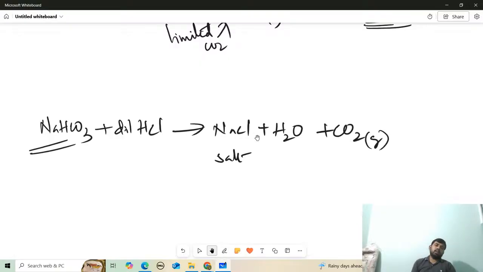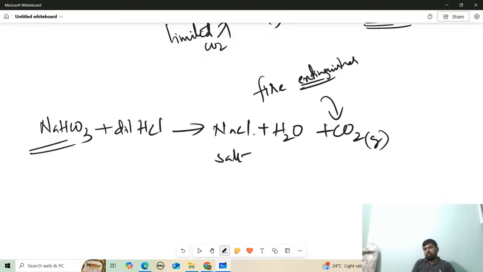So how can they confirm, how can they ask the question about the CO2? You know very well it is going to extinguish the fire. Or else we can say there will be a brisk effervescence, which is related to the CO2 gas.